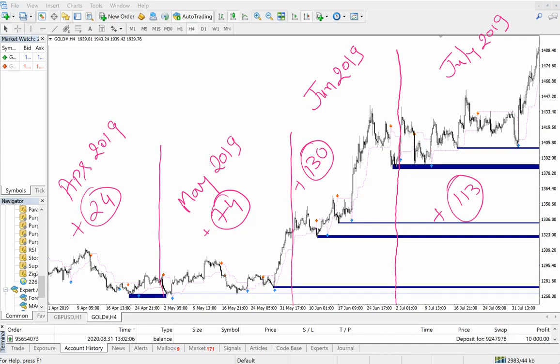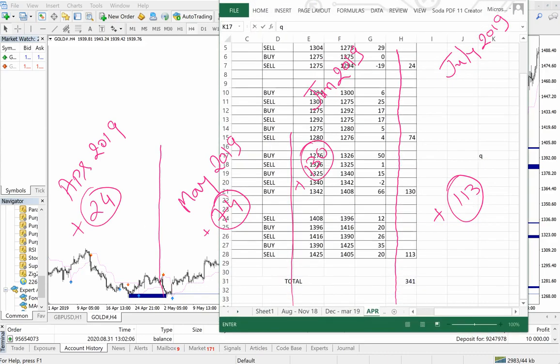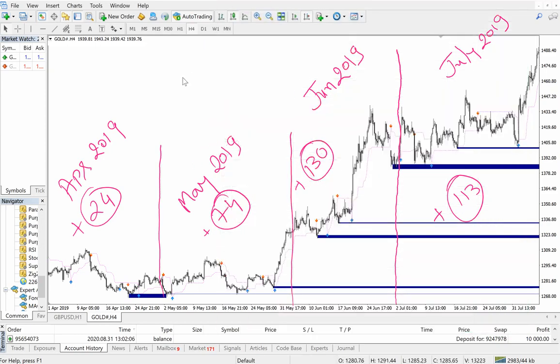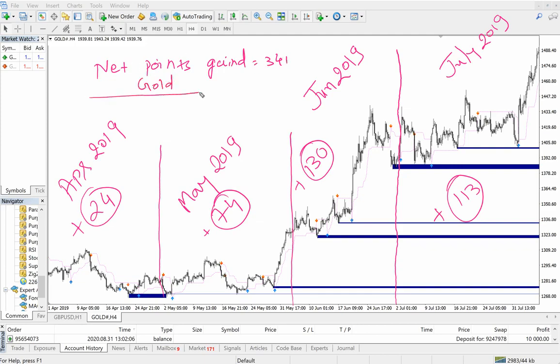These are the gain in points in XAUSD, and net profit is 341 points. Net points gained 341 in gold.